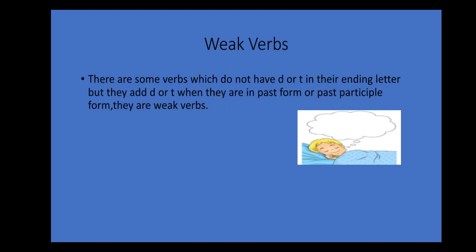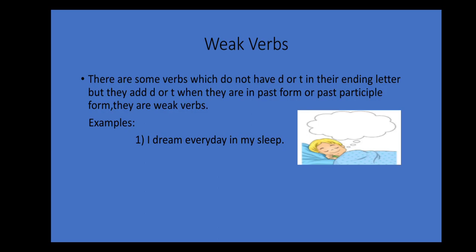Some ways to identify weak verbs. There are some verbs which do not have D or T in their ending letter, but they add D or T when they are in past form or past participle form. These verbs are weak verbs. For example, I dream every day in my sleep. This is my everyday activity.